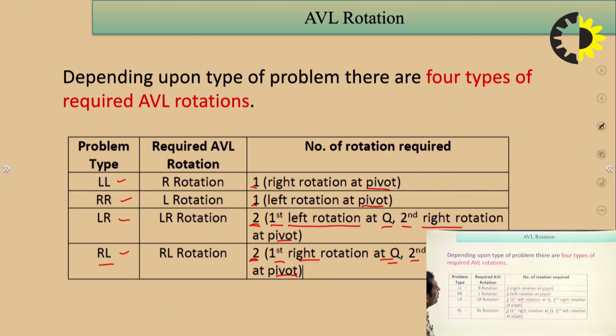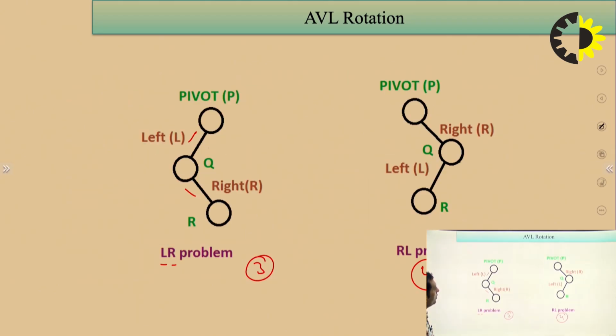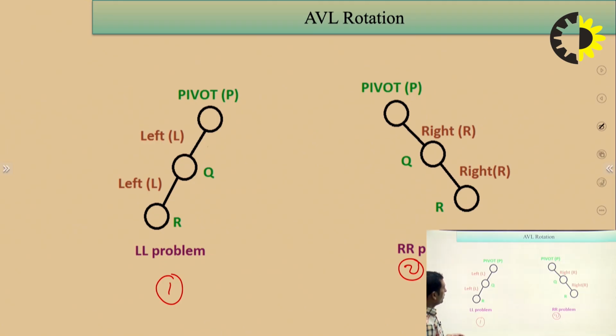Now we will see in the previous slides, in the figure. First situation, this is the LL situation. So 1 rotation is required at the P. Where to rotate? Rotate to this particular side. If our tree is unbalanced on the left side, then rotate on the right side.